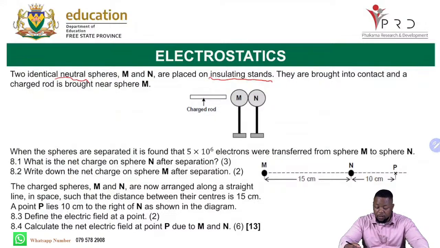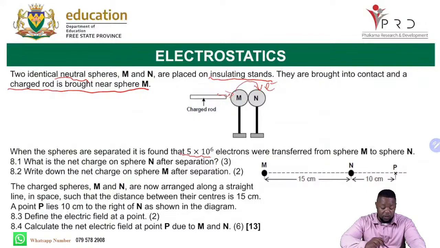Now, they are brought into contact and a charged rod is brought near M. When the spheres are separated, it is found that this number of electrons were transferred from sphere M to N. So these are electrons that are transferred from M to N.